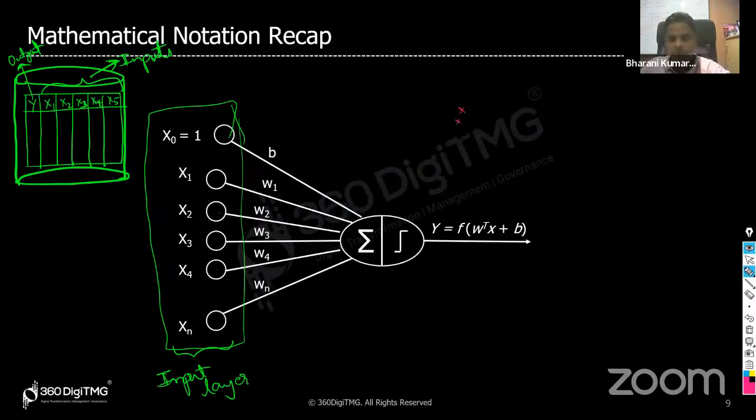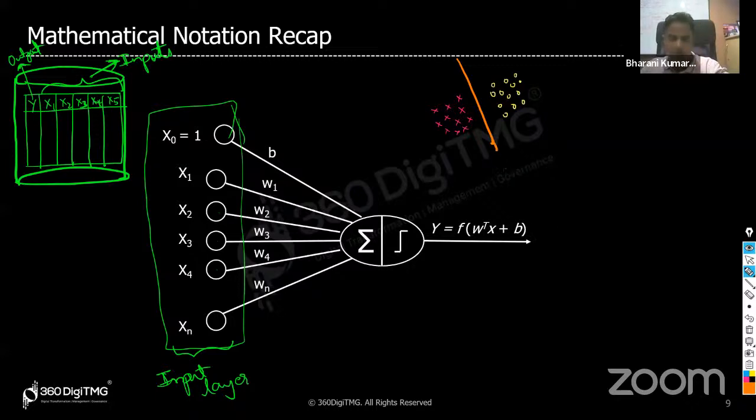Suppose you have the pink class. Okay. And also, suppose you have the yellow class. To segregate these two classes, you need a line.